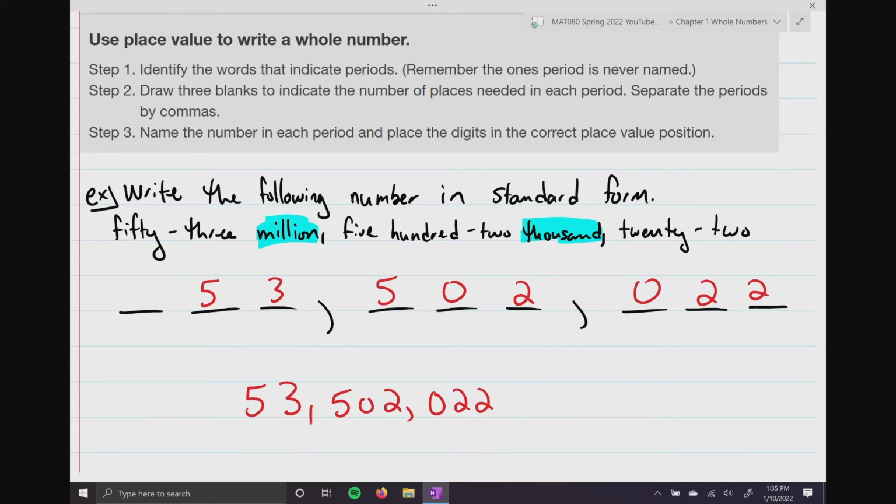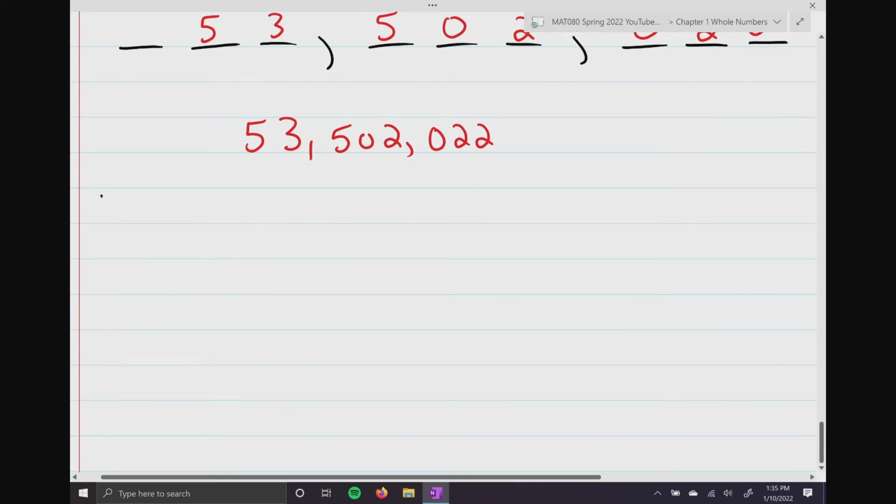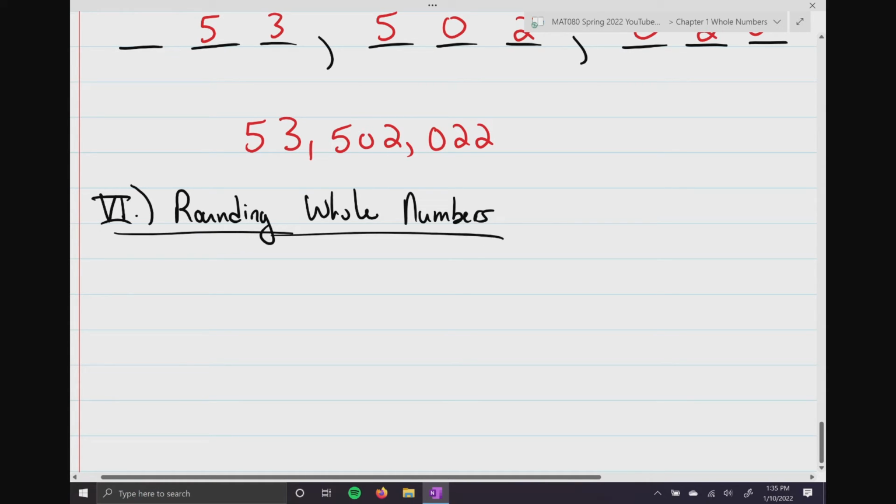So the last thing I want to talk about is going to be rounding. Now, we do this all the time, even when you don't even think about it. For example, when you go shopping, let's see here.